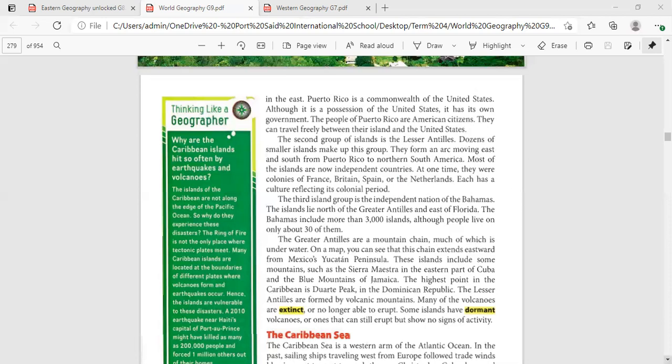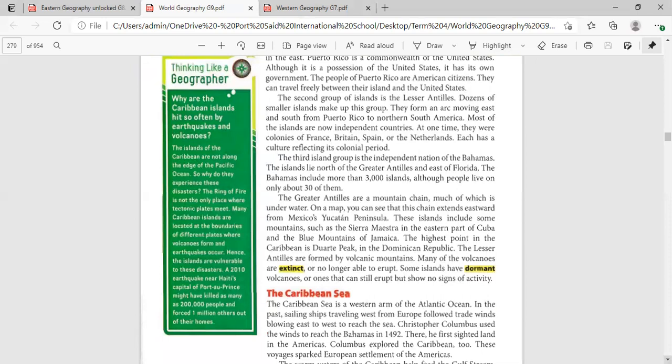The Greater Antilles are a mountain chain, much of which is underwater. On a map, you can see this chain extends eastward from Mexico's Yucatan Peninsula. These islands include some mountains, such as Sierra Maestra in the eastern part of Cuba, and the Blue Mountains of Jamaica.